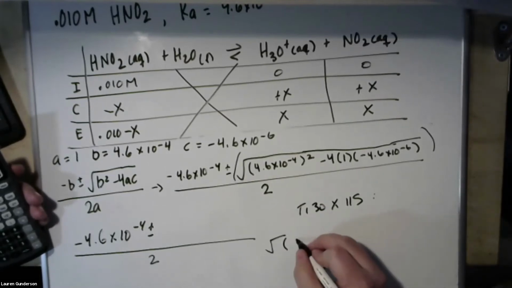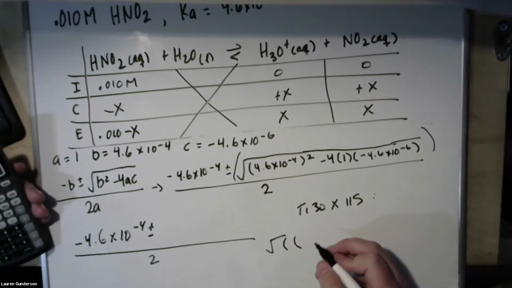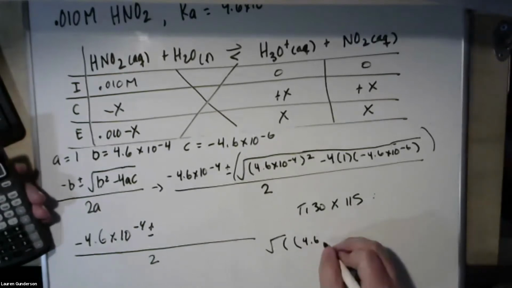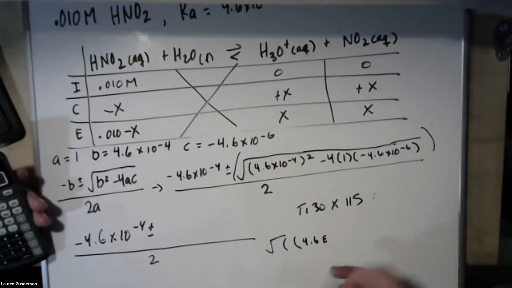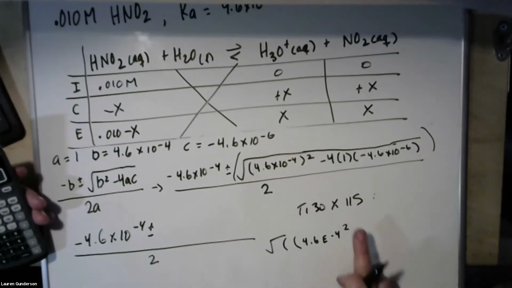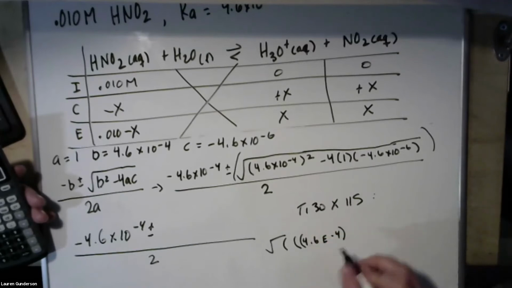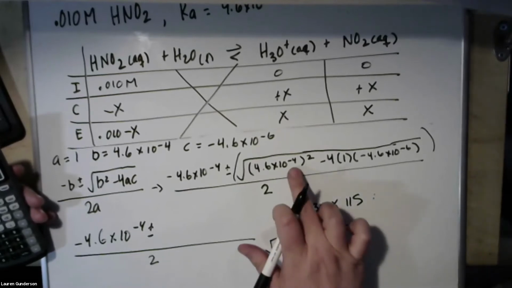Then you have to throw in an extra parentheses and do 4.6. You have to use your scientific notation key. Okay, so find that, because you have to be able to actually take this whole value and square it. And if you're not comfortable with that scientific notation key, then you might need to throw an extra set of parentheses around here. So you can take that value and square it, and that you're squaring the whole number, and you're not just squaring this last part of it.